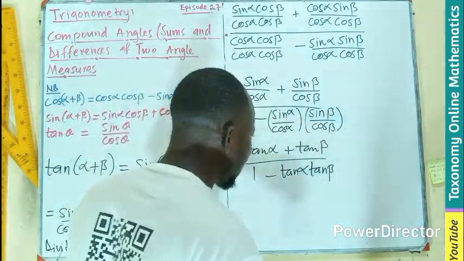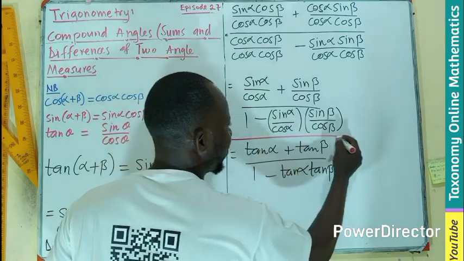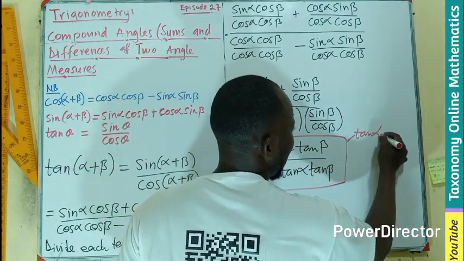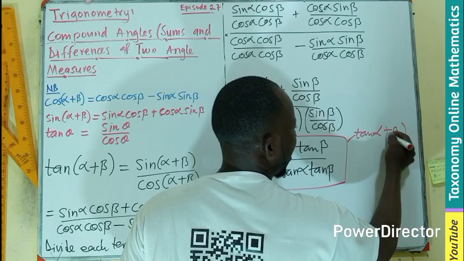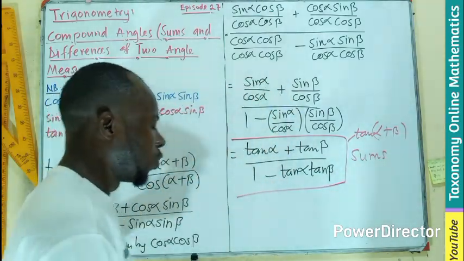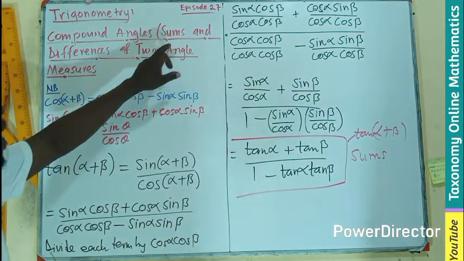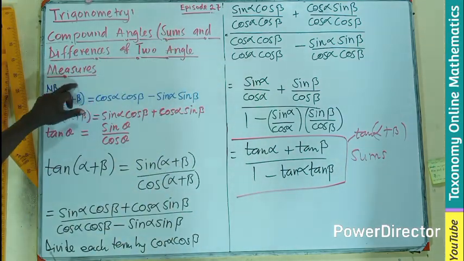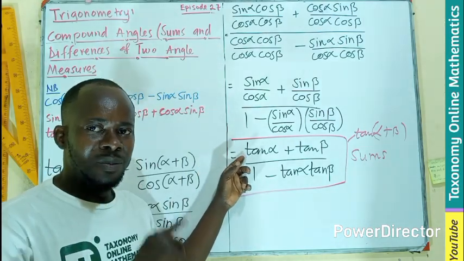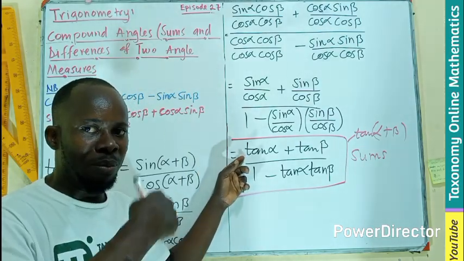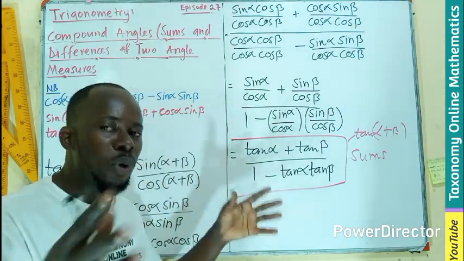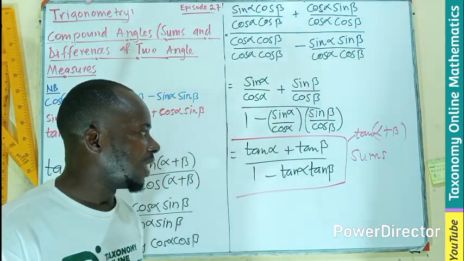So this becomes the value that I am looking for, tan of alpha plus beta, the sum of two angles. If I'm given the sum, it means the tan of the first angle plus the tan of the second angle, divided by 1 minus the product of the two tans. All right, this is for that.